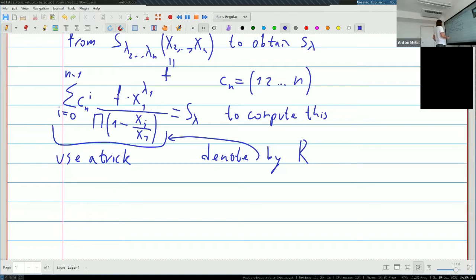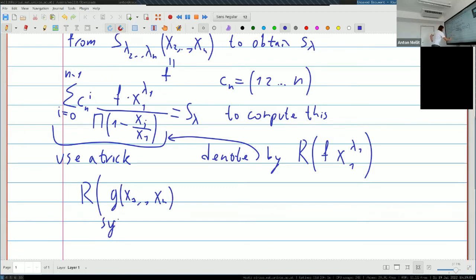So you know this operation R of f times x1 to the minus something. The operation R involves dividing by the denominator and then symmetrizing. Then to compute this R, we have the following trick. We want to compute R of some function g of x1 through xn, which is symmetric in x2 through xn only.